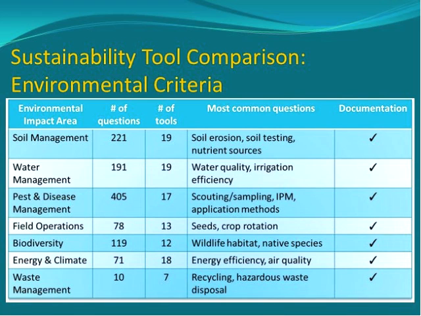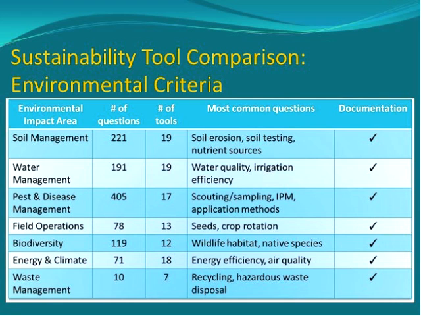So this chart is a product of my research. I created a database and entered different criteria from all the different tools, and I wanted to see where the most common areas were for sustainability measurement, how many tools address that particular area, and what some of the most common questions were.